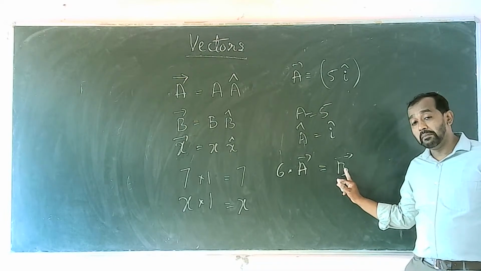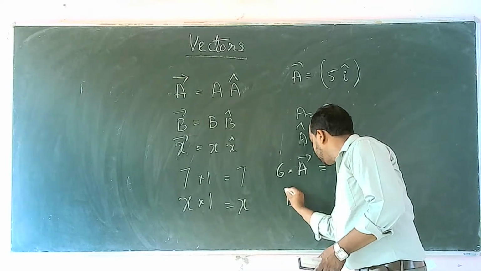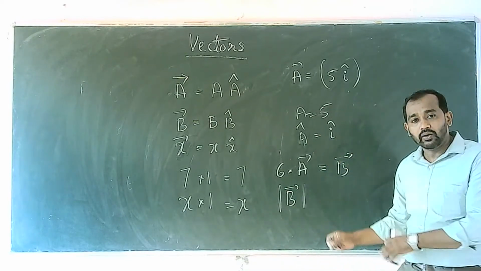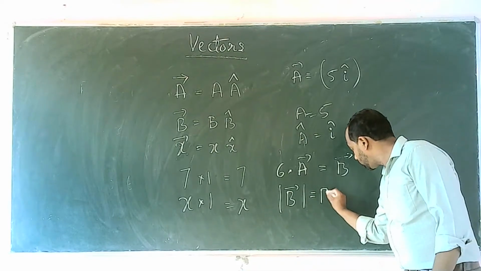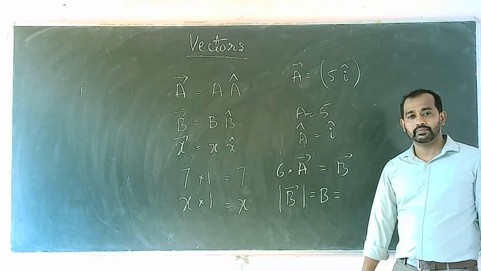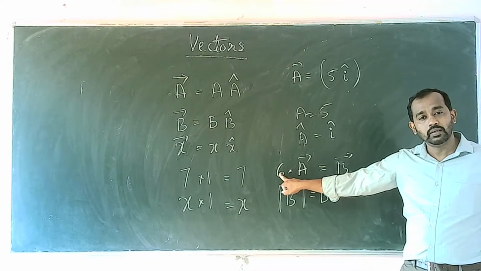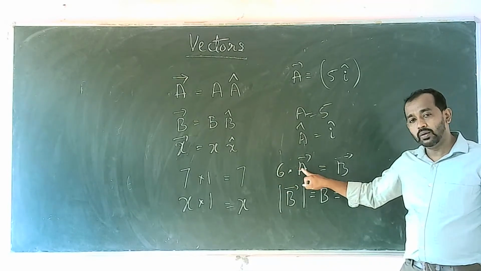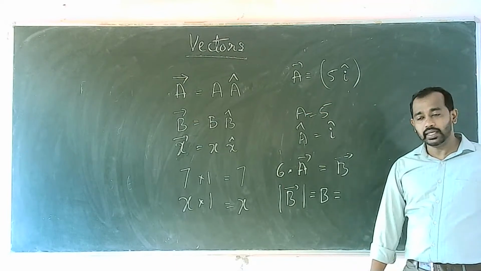Now, when we need to write the magnitude of vector B, what is the magnitude of vector B? I will write it as the magnitude of vector B enclosed within two straight lines, modulus of B, or it will also be represented as B. What is its value? It will be equal to 6 into vector A, which is equal to 5 into I cap.